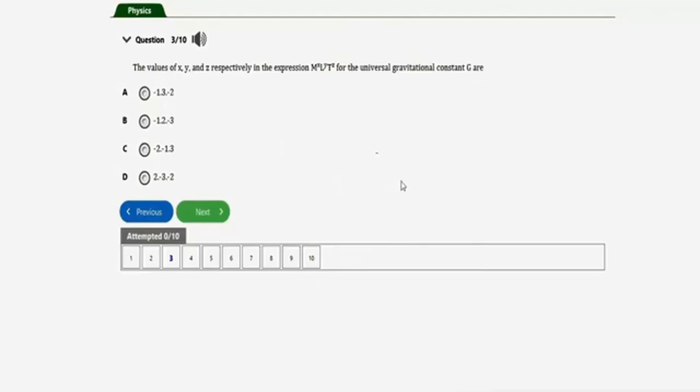The correct option to this question will be option A. Alright, so the universal gravitational constant G has its dimension to be M to the power negative 1, L to the power 3 and T to the power negative 2.